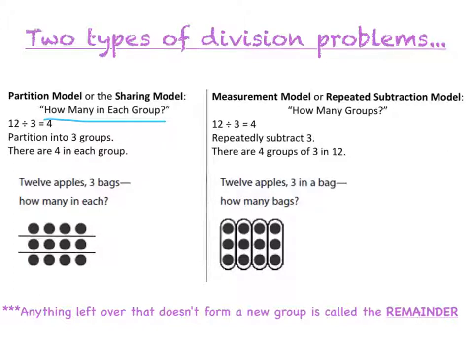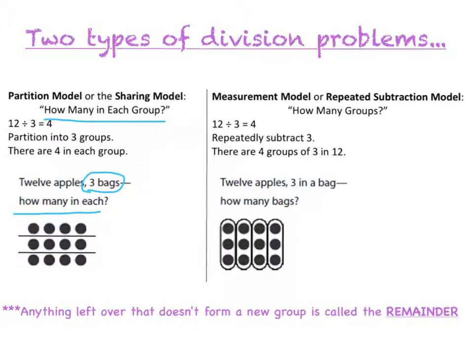If we look at the division problem of 12 divided by 3, we can see that the dividend, which is 12, or the total number of apples, is going to be divided by the divisor, which is 3 bags of apples. So now, to figure out our quotient, we need to know how many times the 12 apples can be grouped into 3 bags.